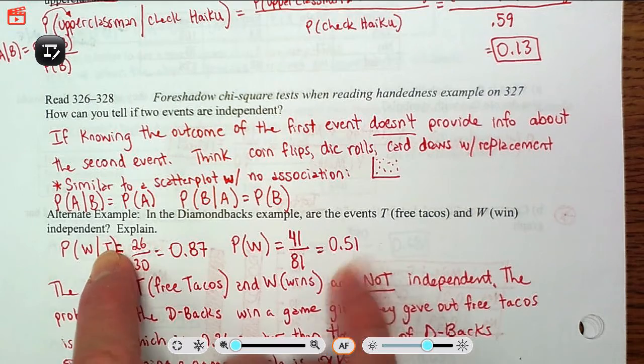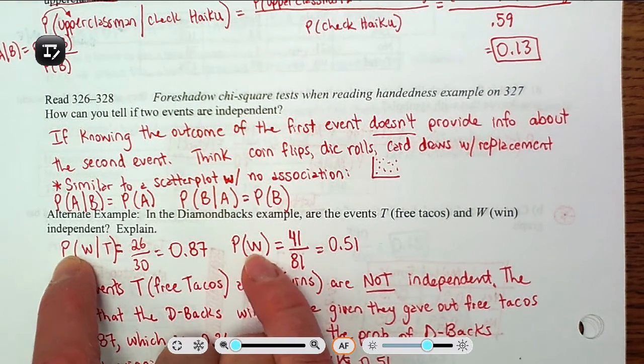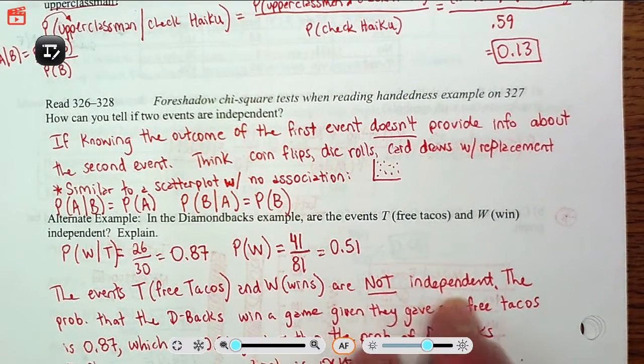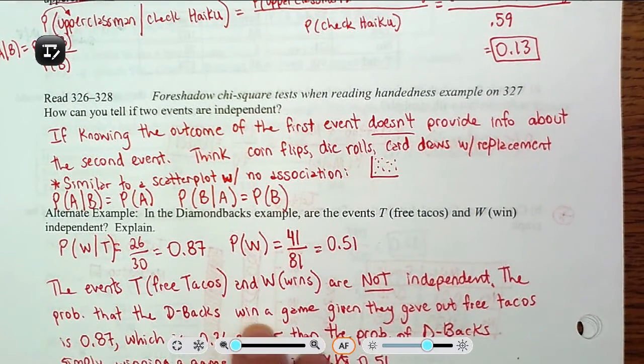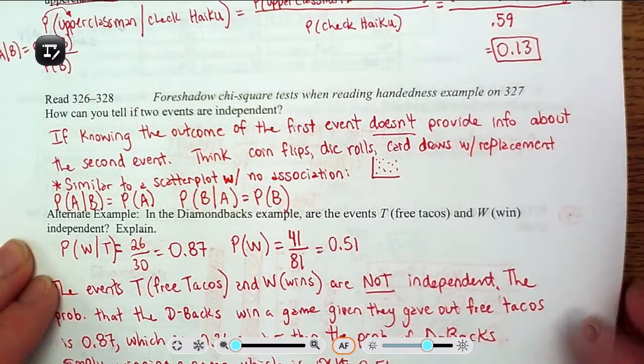So you know now that if tacos were given away, it's more likely that the team won. The events T, free tacos, and W, wins, are not independent. The probability that the Diamondbacks win a game, given they gave out free tacos, is 0.87, which is 0.36 greater than the probability of the Diamondbacks simply winning a game, which is 0.51.